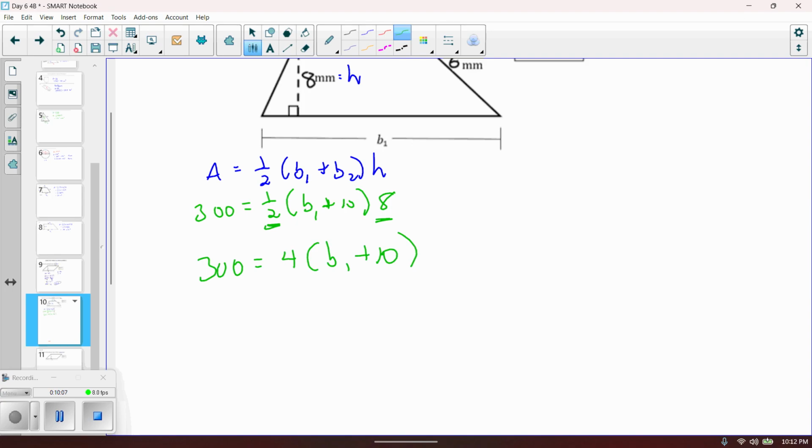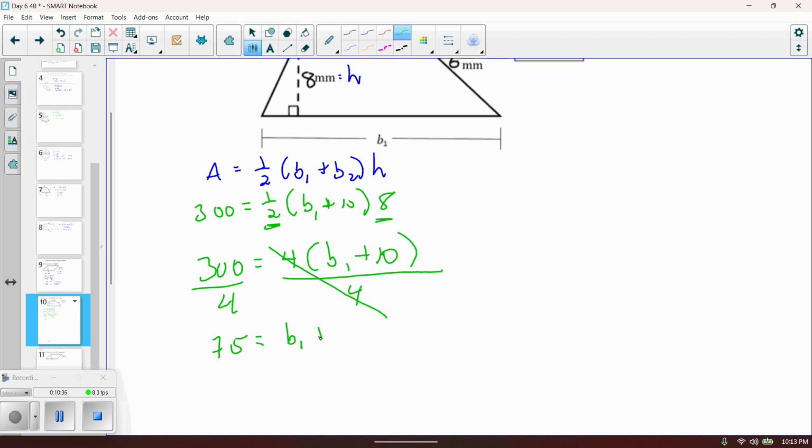Keep the b1 plus 10 in parentheses. Now, there are multiple ways we could do this. We could distribute the 4, which is perfectly fine to do, or I could divide both sides by 4, canceling out those two 4s, and then you'll do 300 divided by 4, which in your calculator works out to be 75. Then all I'm left with is that b1 plus 10 in parentheses. Well, since that's the only thing left, we can drop the parentheses.